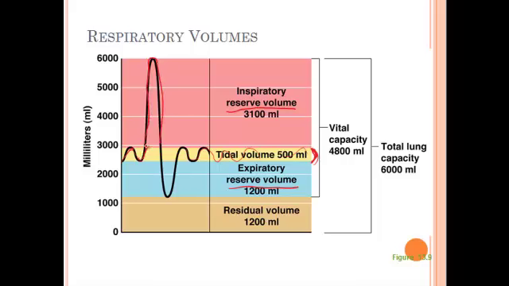So that first breath is your tidal volume, about 500 milliliters. But beyond that, you have the capacity to breathe in way more, so 3,100 milliliters beyond that 500 milliliters that you just pulled in. And that's there because as you start to exercise, as your body needs more oxygen, we're able to pull in more air, so we can meet the demands of our body to a certain extent.